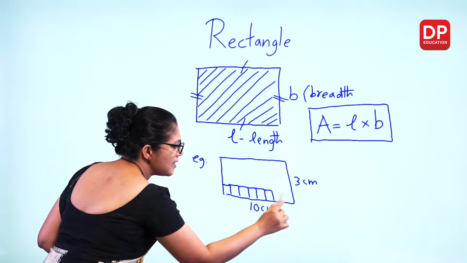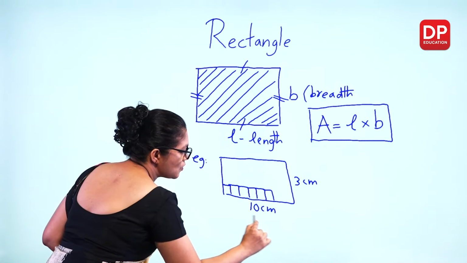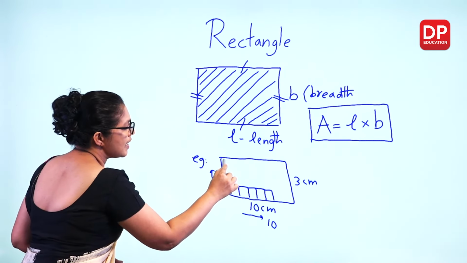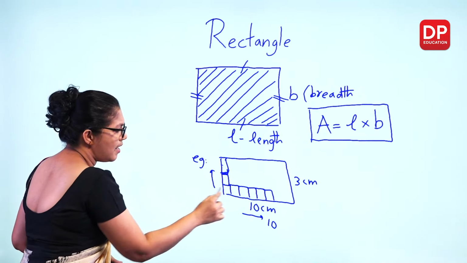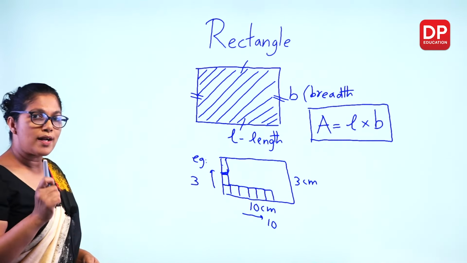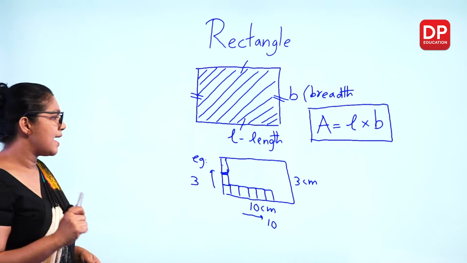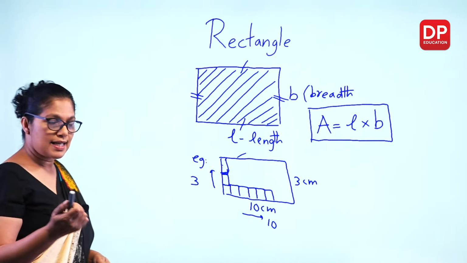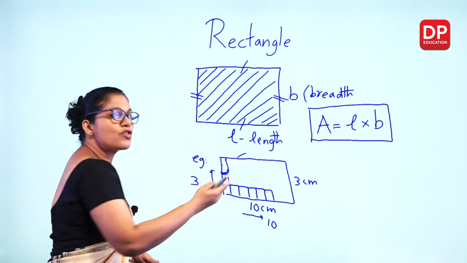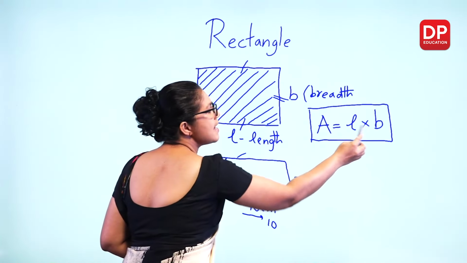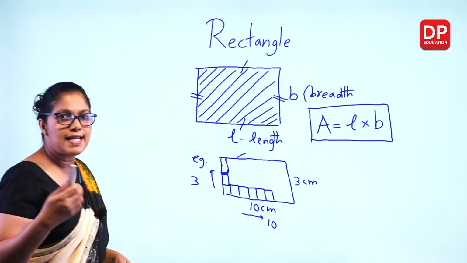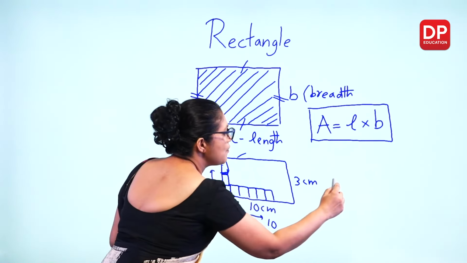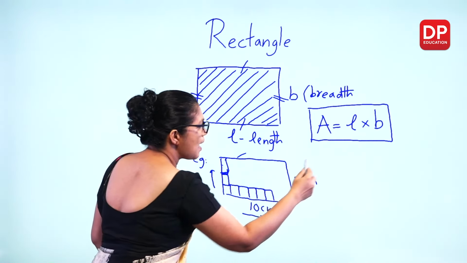There are 10 squares this way. What about this way? How many squares can we draw? There are 3 one-square-centimeter squares. So altogether how many squares? 30. 10 and 3. That's why the area of a rectangle is 10 times 3, that's 30.